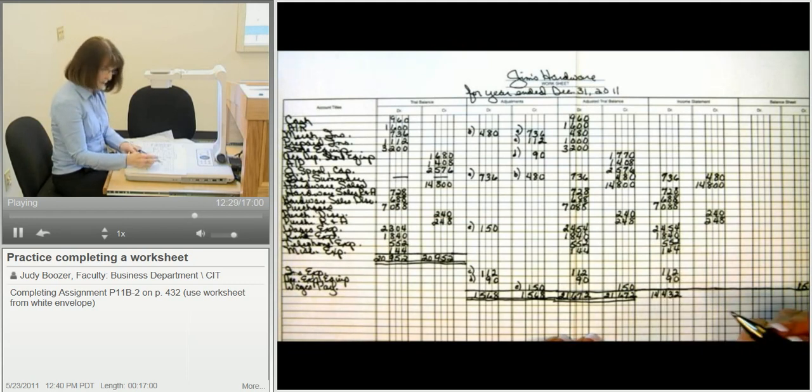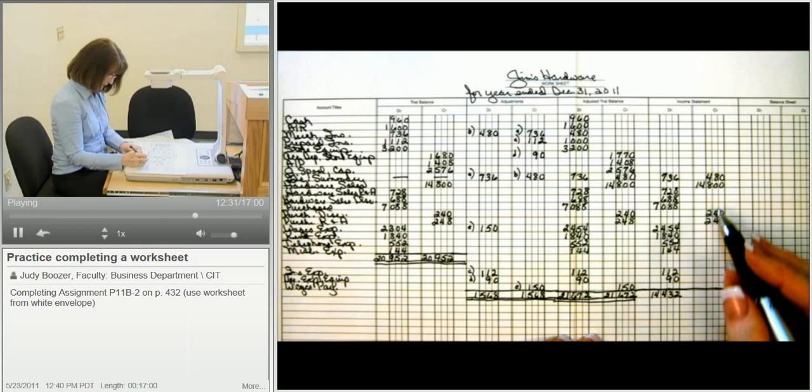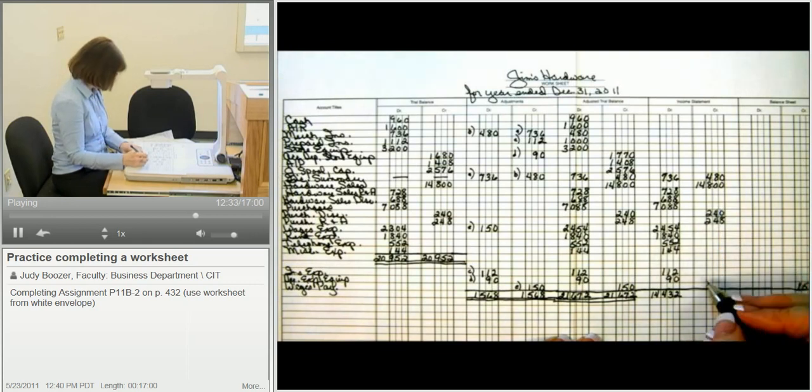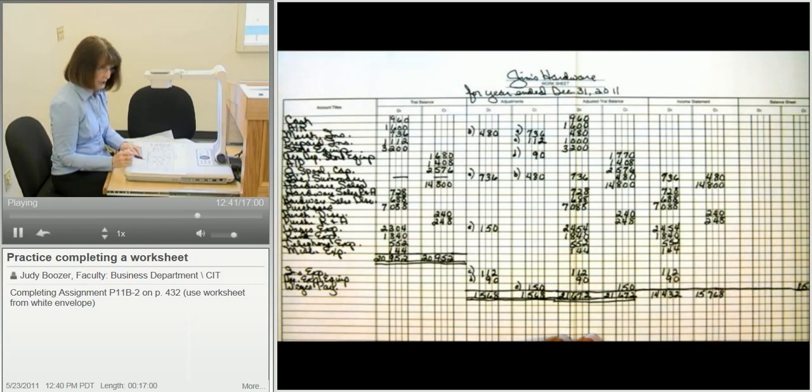What did we get for the credit column of the income statement? $15,768. Okay, so we subtract the smaller amount, or the $14,432, from the $15,768, and what is the end result?